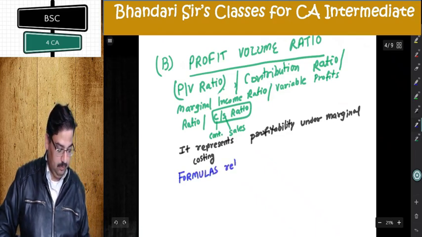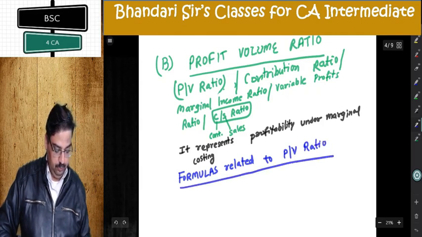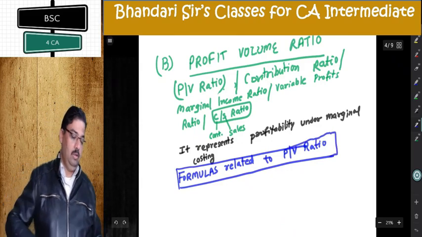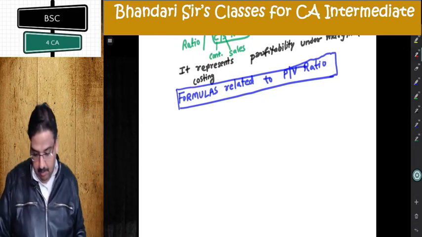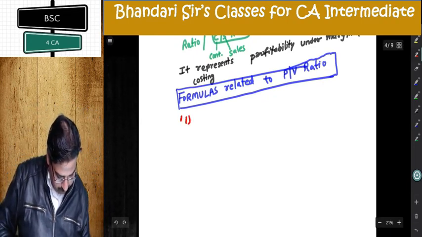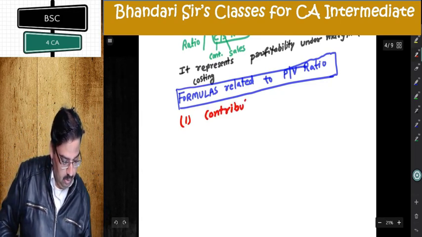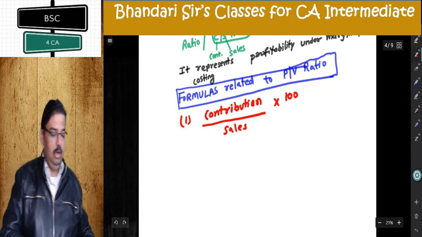Formulas related to PV ratio. Number one, very simple, contribution divided by sales into 100.